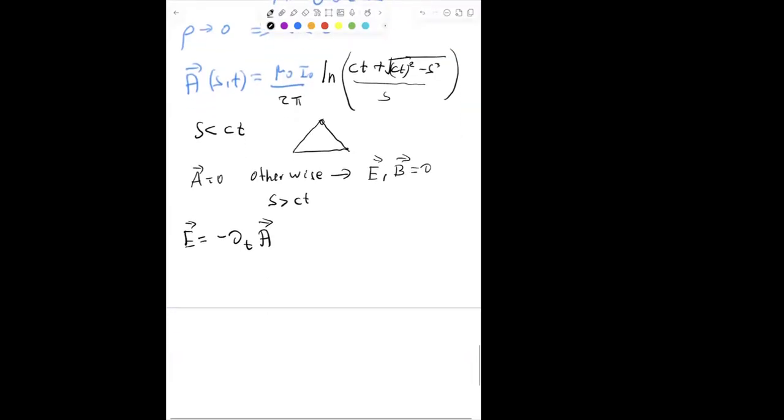And again, taking derivatives is not something I'm going to spend time on. But from here, we reach one conclusion immediately without doing the derivative: E is parallel to A, which is parallel to what? To I, which is in the Z direction.